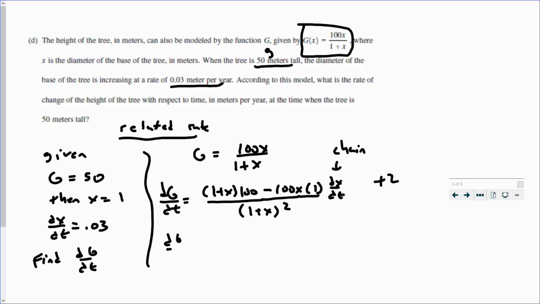So dg/dt equals, we can plug the 1 in, so this becomes 2 times 100 minus, again, remember x is 1, minus 100 dx/dt, over 2 squared, which is just 4. So we can go 1 plus 1 squared. And it is okay to leave it like this if you like.